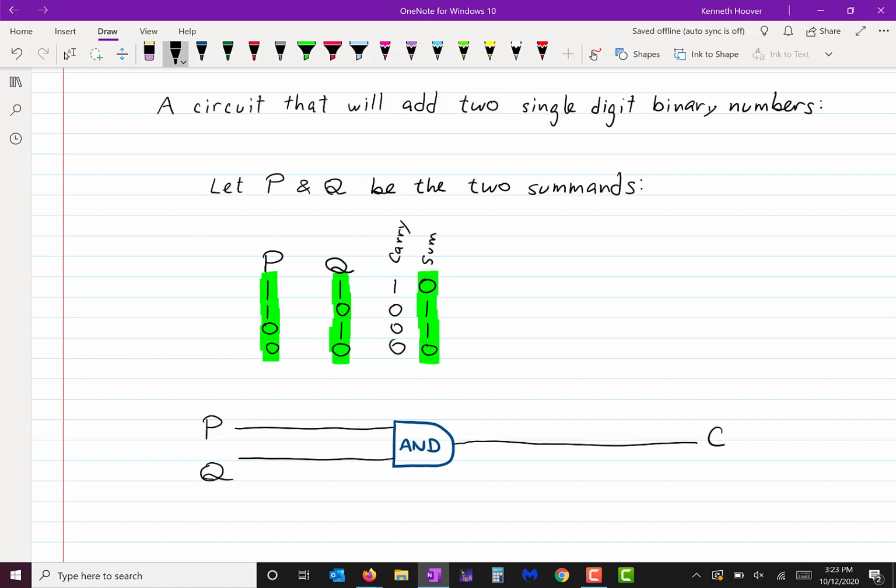That is P or Q and not P and Q. In other words, in words, I would say P or Q, but not both.